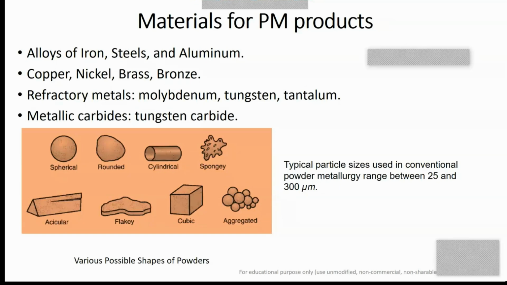You can take alloys of iron, alloy steels, aluminium powders, aluminium alloys, copper, nickel, brass, bronze. Then you have refractory metals like molybdenum, tungsten, tantalum. These are of high temperature. Then you can have metallic carbides, that are tungsten carbide, silicon carbide, etc.